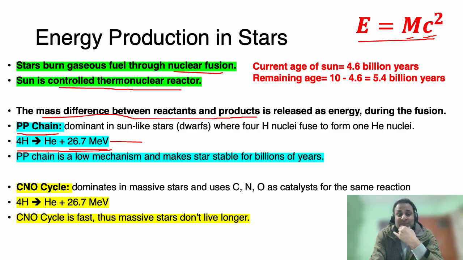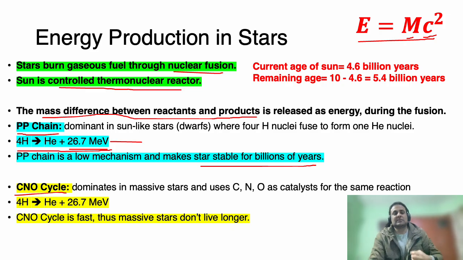Because the pp chain is a slow process, it can keep the star stable for billions of years, as we already discussed, the fusion can sustain the sun for 10 billion years. But this same reaction can happen in another way, called the CNO cycle. In the CNO cycle, the carbon, nitrogen and oxygen nuclei act as catalysts.